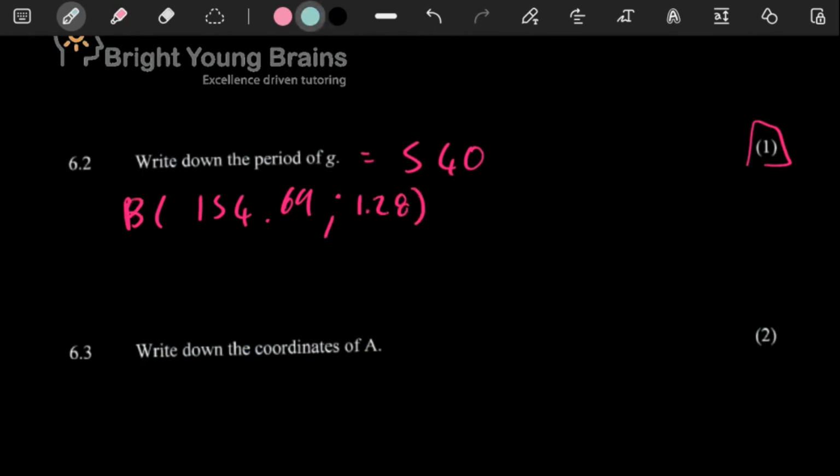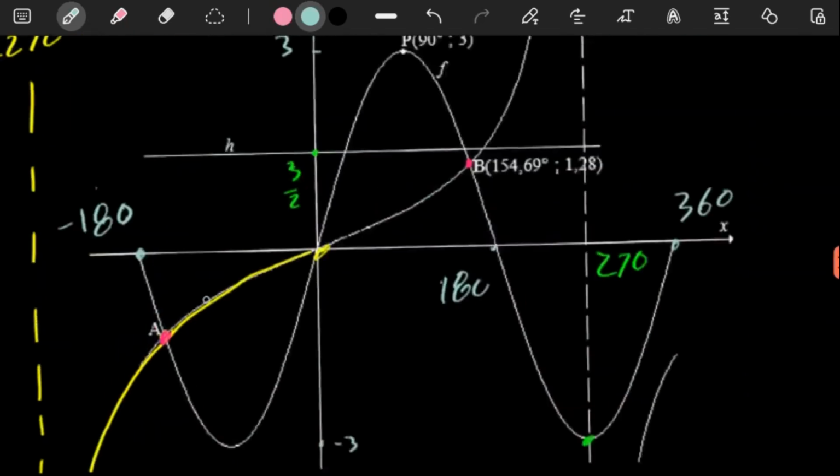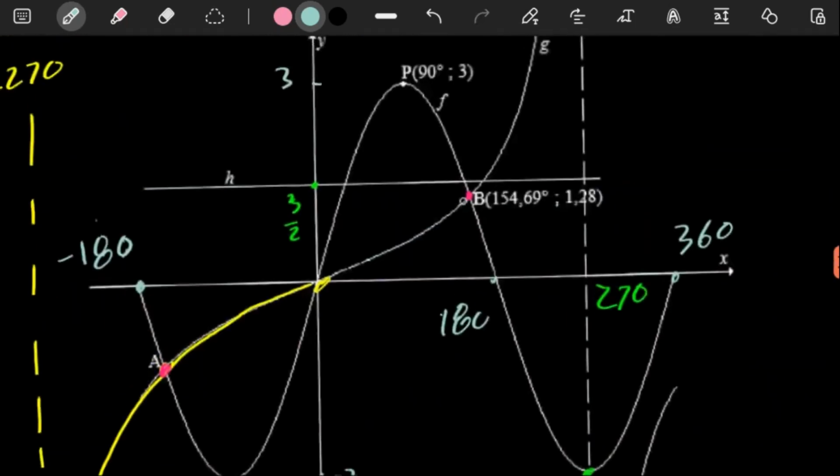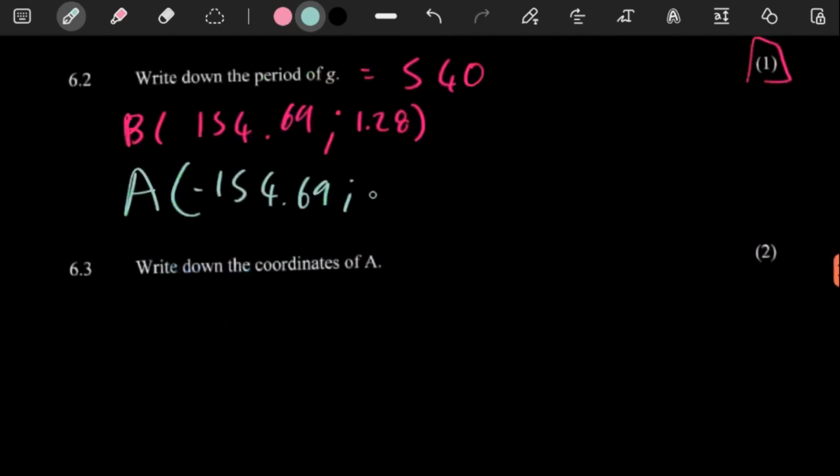Now A is just a reflection of B. If the x value here is 154.69, the x value there is negative 154.69. And if this one is positive 1.28, this one is going to be negative 1.28. Perfect, right? Then you're good.